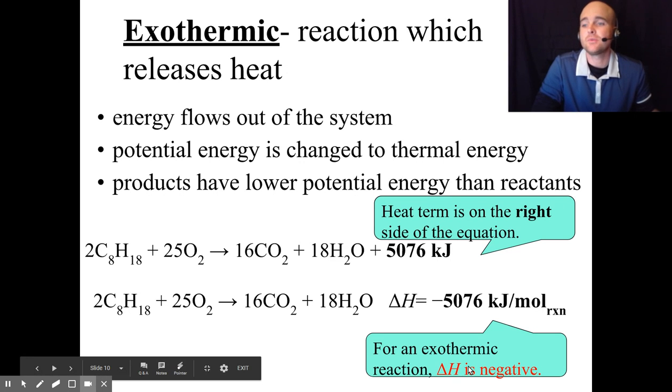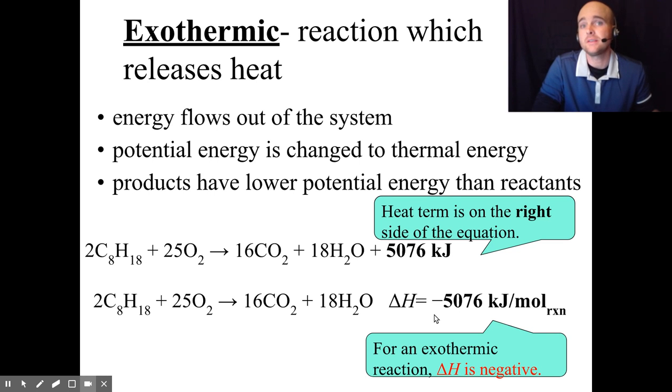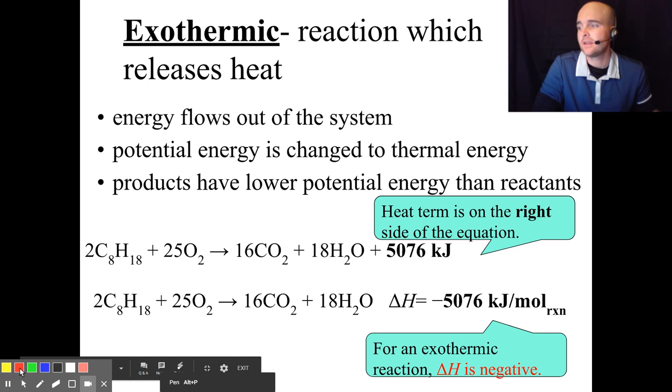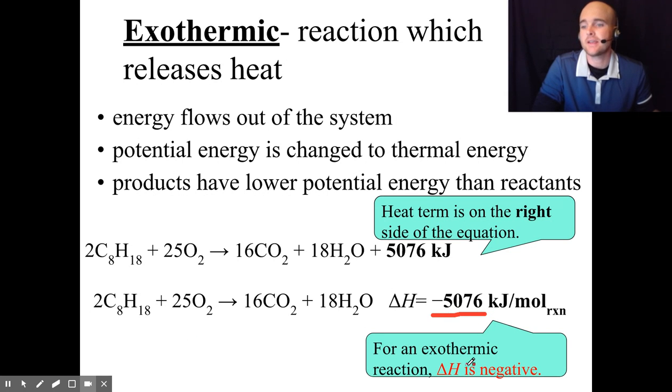Delta H is going to be negative for an exothermic reaction. Always, always, always, if delta H is negative, it is exothermic because the heat is leaving the system, so the system is actually losing energy.